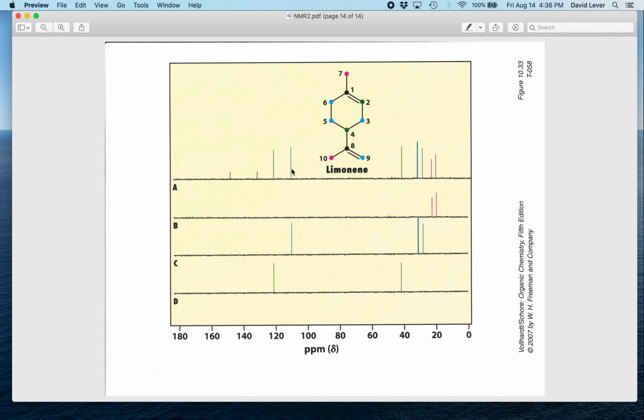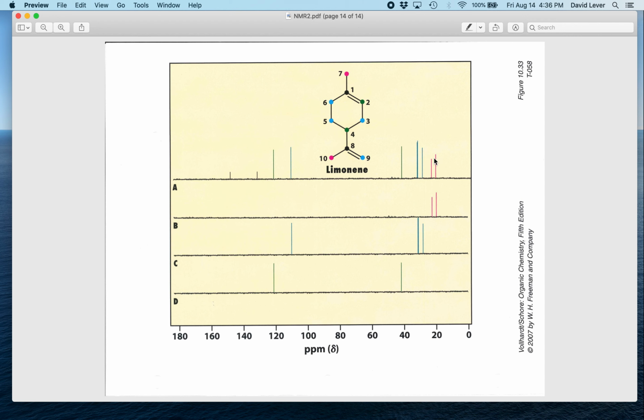Carbon 9 is also there. And then up here we have our methyl groups, carbon 7 and 10, which is the furthest upfield. And then we have our methylene groups, carbons 3, 5, and 6, kind of overlapping with each other. And then our methine peak, carbon 4, is the furthest downfield.